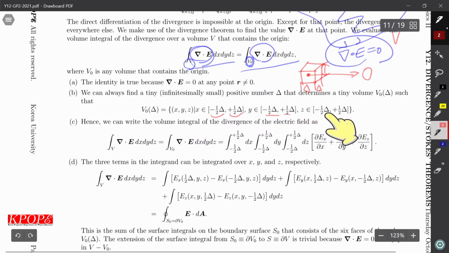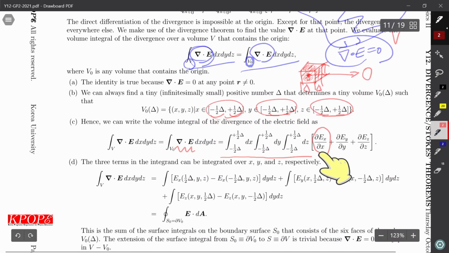Y, z have the same range. And we have a Q whose volume integral does not vanish. And divergence can be computed in this way. XYZ integral over the given range. And integrand is x component's x derivative, y component's y derivative, and z component's z derivative.